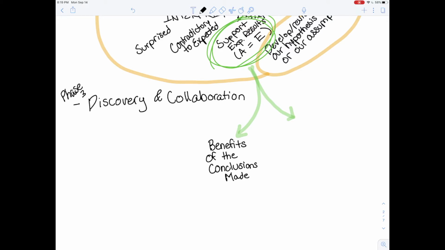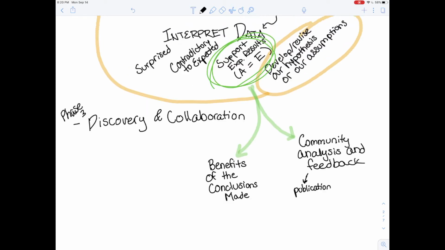And by sharing our data and our analysis, we can get community analysis, so analysis by other scientists and their feedback. So maybe this would involve publication of your results.